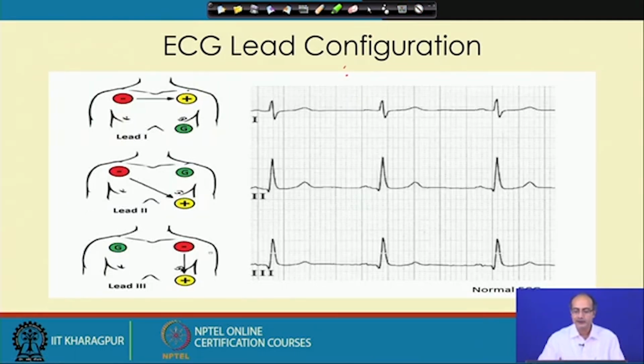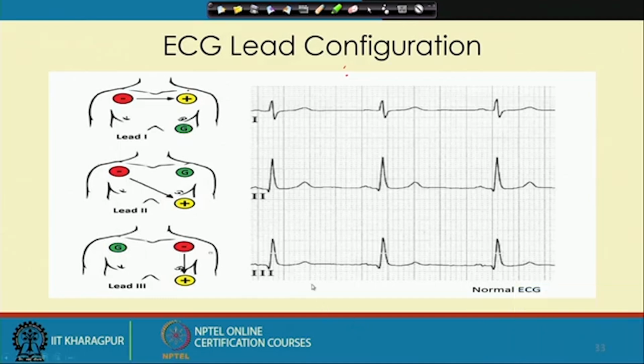Now in this graph we show how the ECG signal looks for the different configurations. We see at the top lead 1, followed by lead 2, and then lead 3, and the vectorial addition we mentioned can be checked that way.